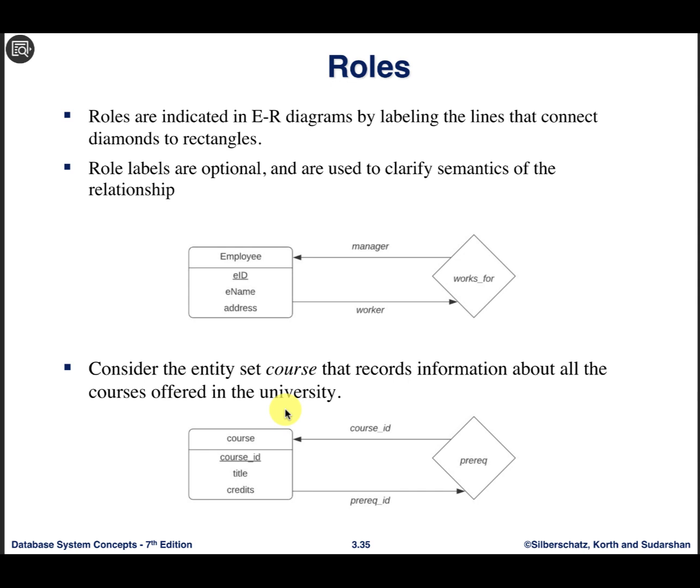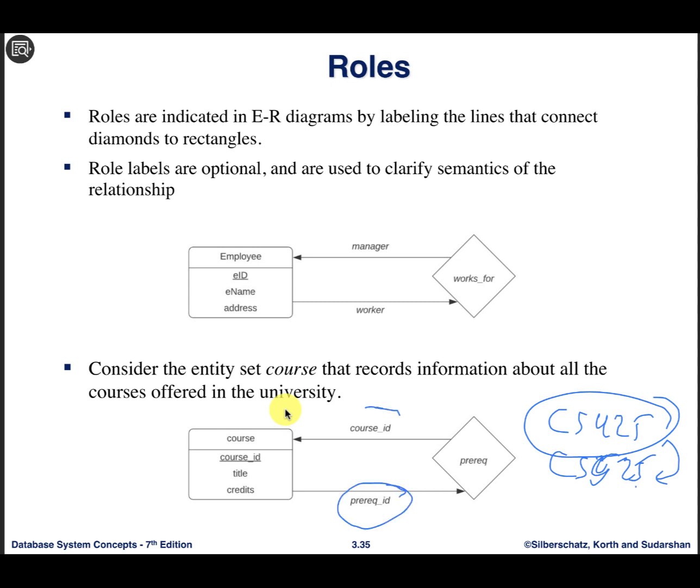Both of them are courses, you see? But CS425 is the prerequisite for CS525. So in this case, CS425 plays the role of prerequisite ID, and the course CS525 plays the role of course ID. Both of them came from this entity set. Make sense?